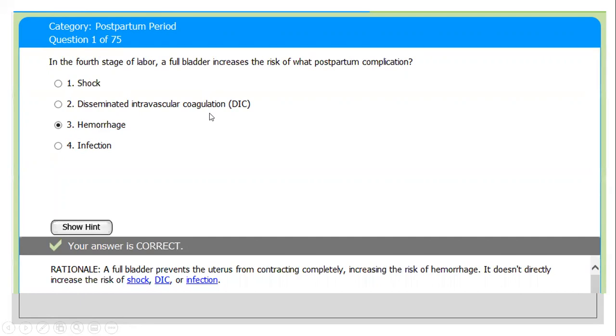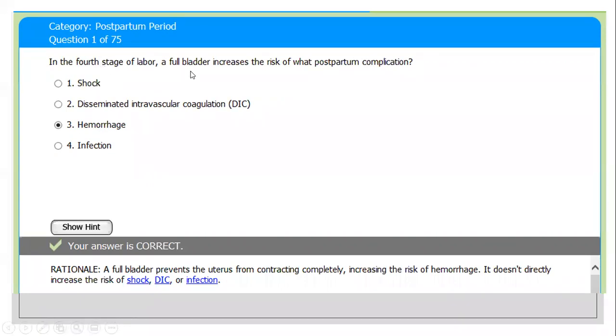DIC is a medical emergency where bleeding occurs inside and leads to hemorrhage or hypotension, and hypotension leads to shock.